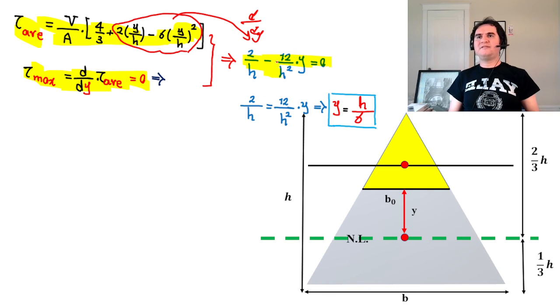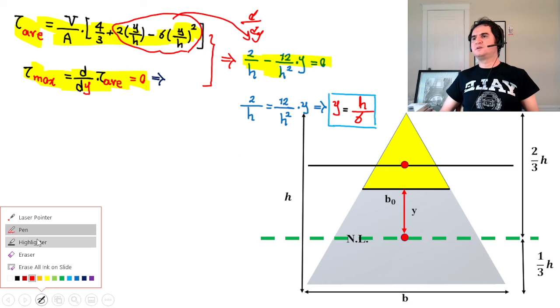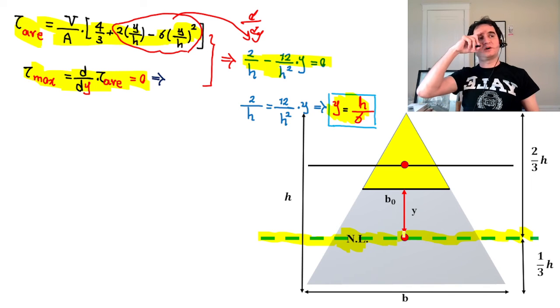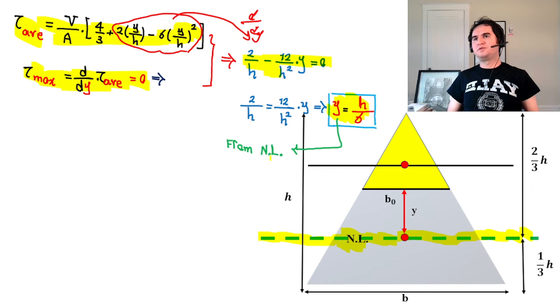And by having that, it simply gives me y equal to h over 6 from the neutral line, because our calculations were all based on the neutral line. Our moment of inertia was based on the neutral line for the entire system, so the entire triangle. So y is 1/6 of h from the neutral line.